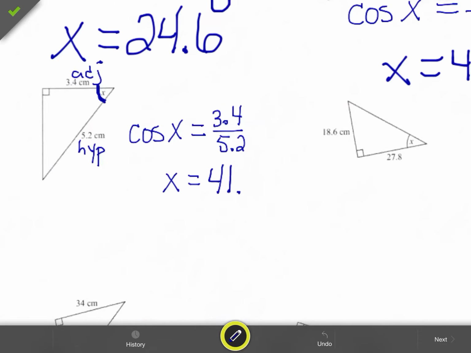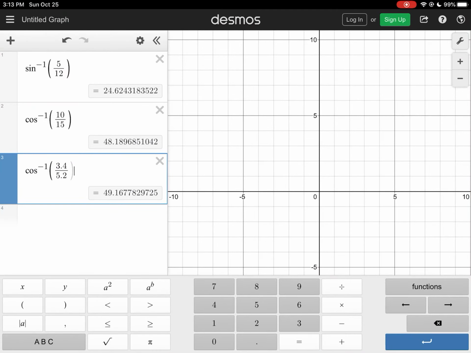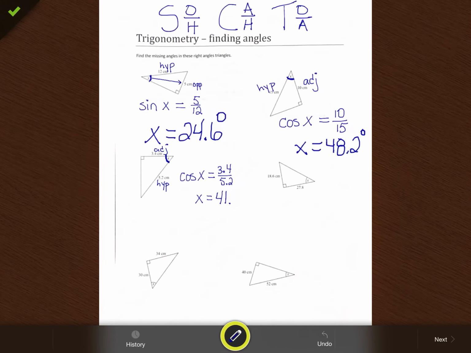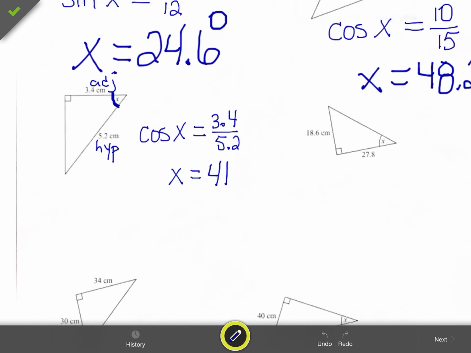So what would that round to? Oh, not 41, 49. Let's fix that. 49.16, so that would round to 49.2. And so my angle is 49.2 degrees.